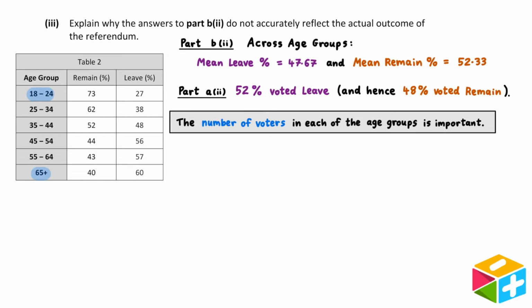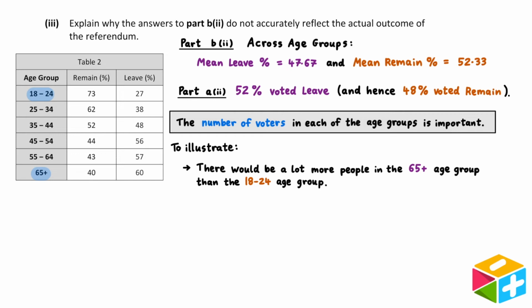The last age group in the table is 65 plus. So this includes all the voters who are over 65 years old. There were probably voters who were 90 or even 100 years old. So I'd suspect that this interval spans over 30 years.